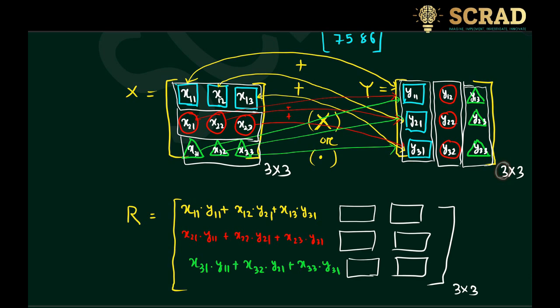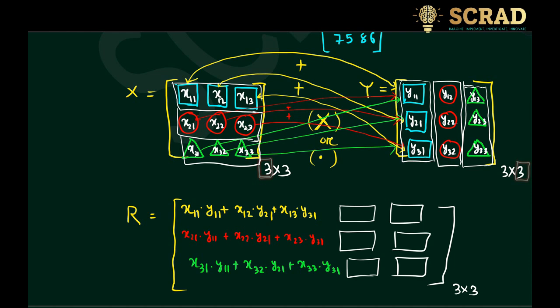Now what dimension will the resultant matrix have? It is 3 cross 3. This will be the rows of the resultant matrix, and this will be the columns of the resultant matrix. So I hope all of you can understand this.